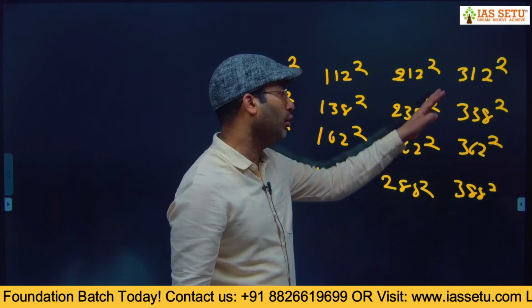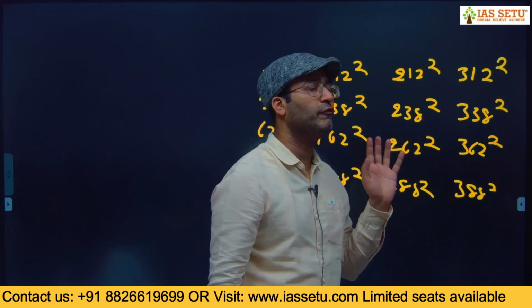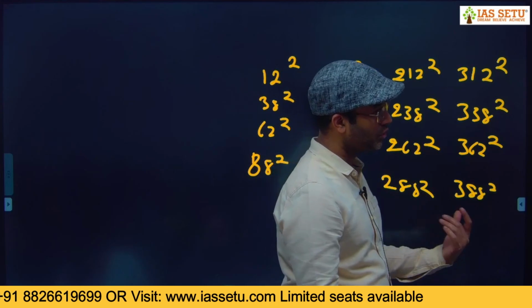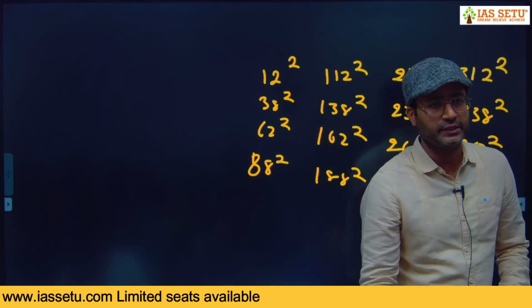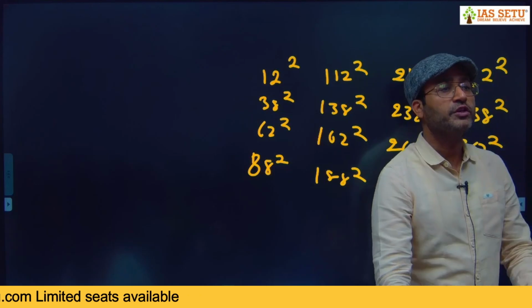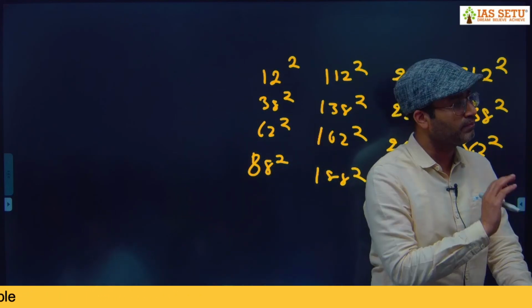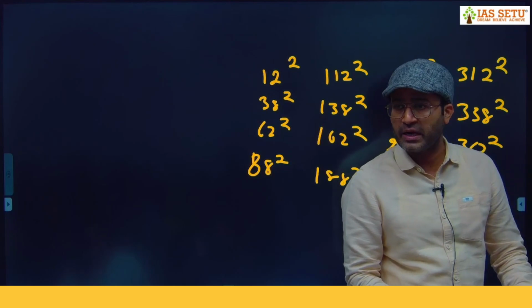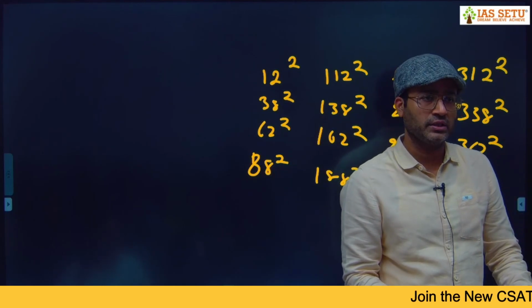I guarantee only these four values 12, 38, 62, 88 give 4 4. No other value. इसको रट लो, याद रख लो. 12, 38, 62, 88. These are the four value which give 4 4 in the last. And what give 0 0 in the last? 10 or multiple of 10 square. That give 0 0. क्योंकि एक 0 square बनते 2 0 बन जाती है.